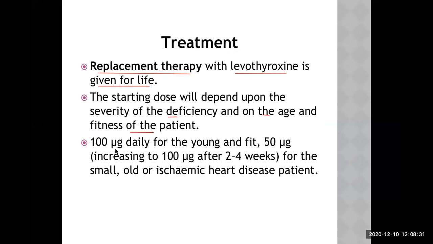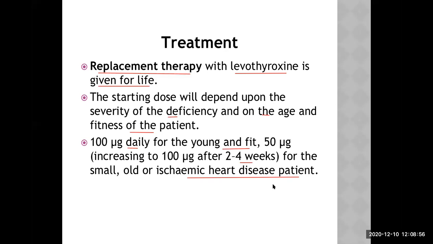Now see here, 100 microgram daily for the young and fit patient, 50 microgram, which we may increase to 100 microgram after 2 to 4 weeks, for the small, old, or the patient who has had ischemic heart disease in the past. So this is a small guideline of what dose we should start.